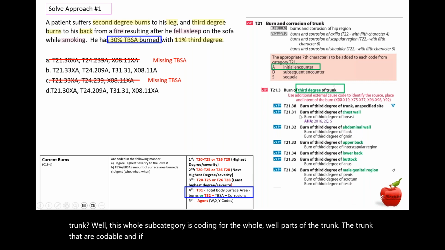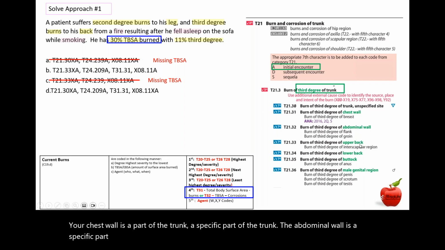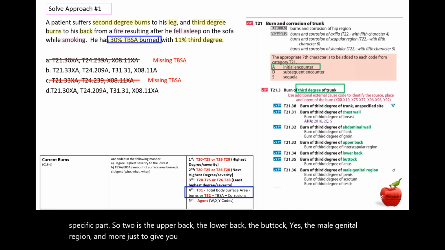If you look at T21.31, your chest wall is a specific part of the trunk. The abdominal wall is a specific part. So too is the upper back, the lower back, the buttock. Yes, the male genital region and more, just to give you an idea that this is all your trunk.